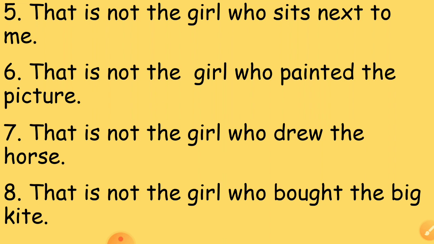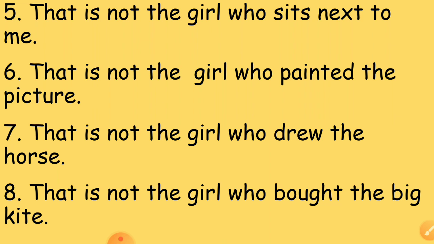Seventh, that is not the girl who drew the horse. And the 8th sentence will be, that is not the girl who bought the big kite. Done?